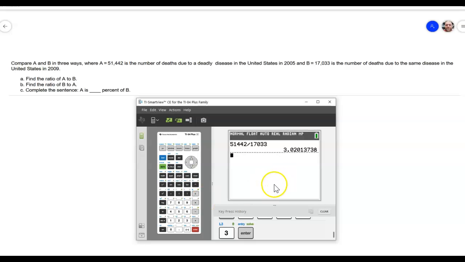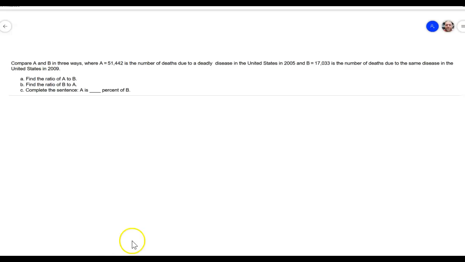And the answer, to two decimal places, which I believe is what it asked for in my MyMathLab, would be 3.02. So for A, the answer, rounded to two decimal places, is 3.02.